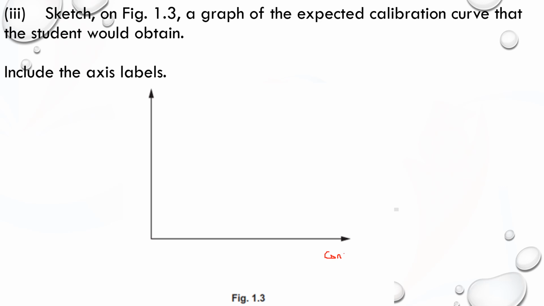Concentration of glucose, fully written with the unit, goes on the x-axis, because the independent variable is the variable you are changing. That's why we diluted, and it must be on the x-axis. And then we measure the absorbance. So absorbance is the dependent variable. Dependent variables should be on the y-axis. So this is absorbance.